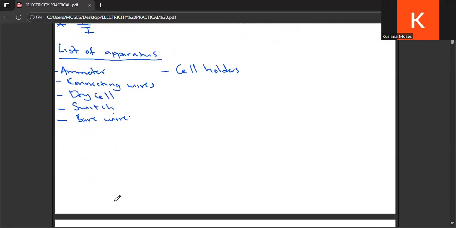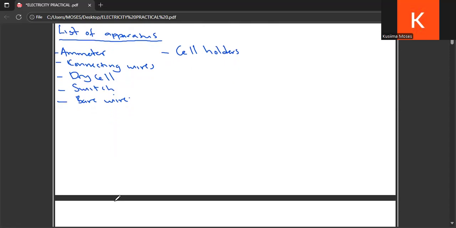After coming up with the list of apparatus, what follows is the experimental setup. You must have a working experimental setup. Here, we shall have figure 1, where we shall be determining the EMF of the dry cell.